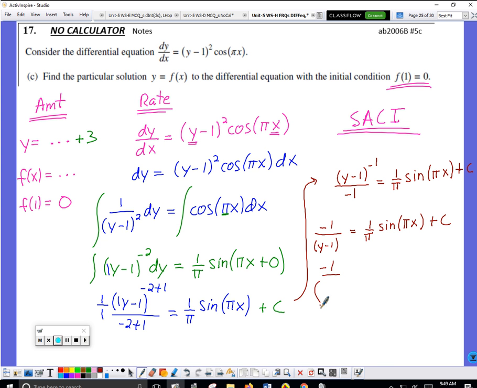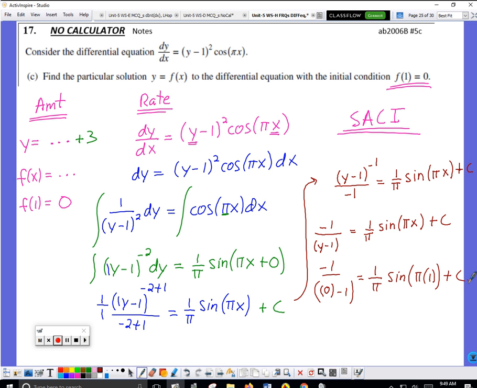Please don't forget, whenever you replace a variable, use parentheses to avoid mistakes. So in place of the y, 0. In place of the x, 1.